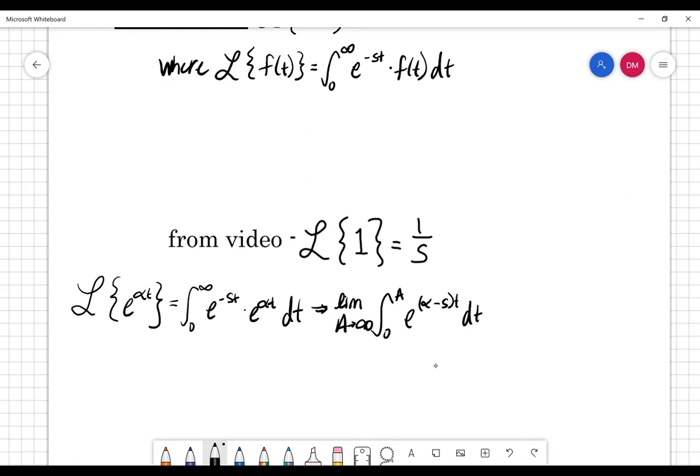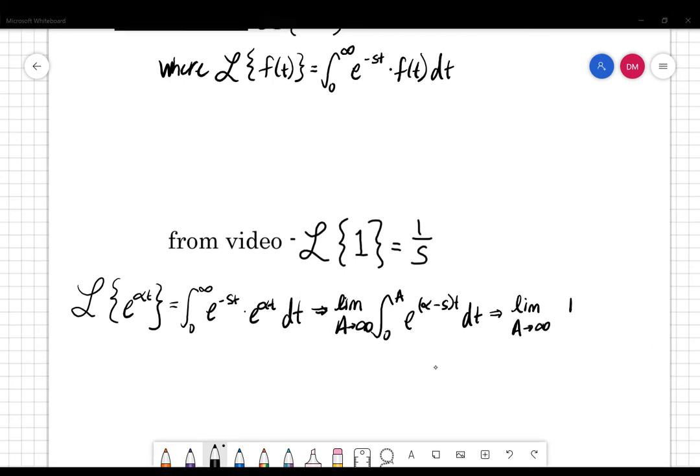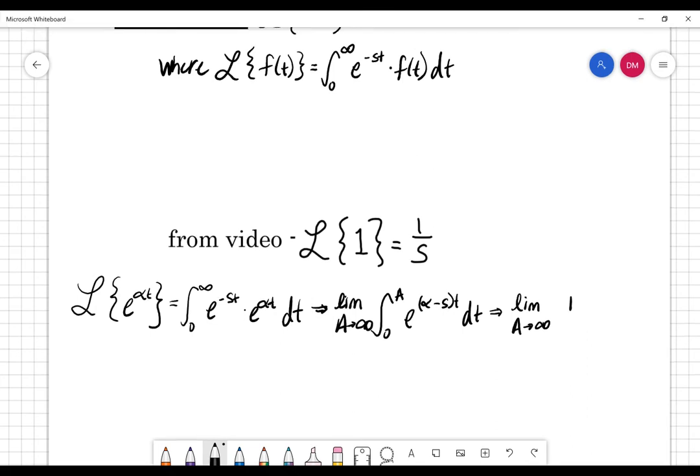When I integrate here, I am evaluating the limit as a goes to infinity of 1 over alpha minus s times e to the alpha minus s t, and then we're going to evaluate that from 0 to a.